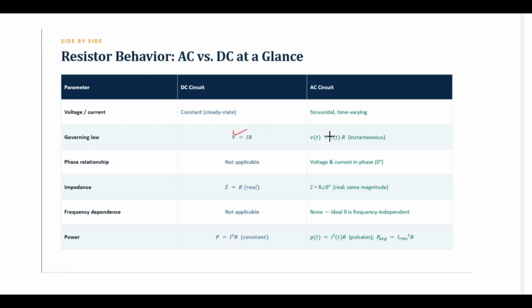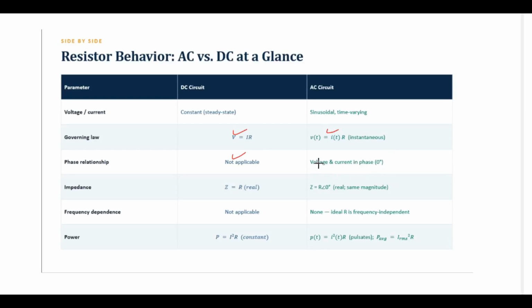But for an AC circuit, the resistor responds to the instantaneous value. In a DC circuit, there's no phase available. There's nothing like phase because the quantities are not time varying. They stay constant. But in an AC circuit, there is a phase relationship. The current and voltage have a phase relationship, but they are in phase.